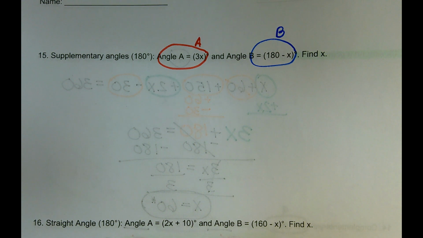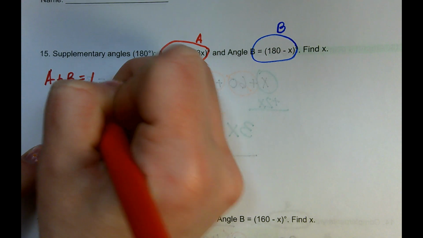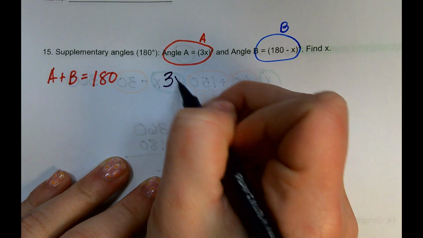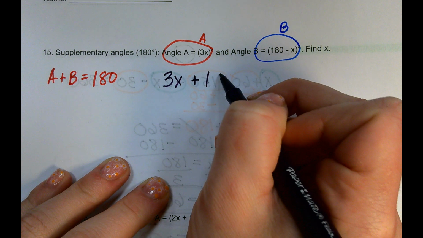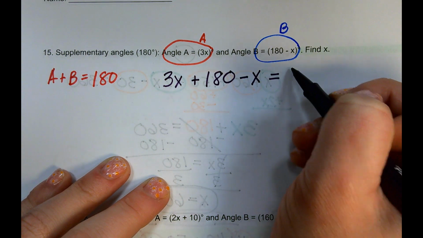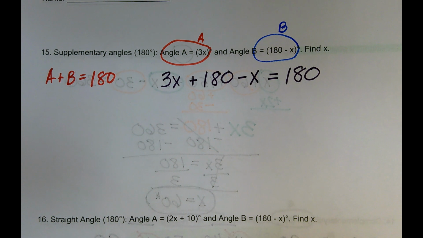Okay. So, number 15. We know A plus B is 180. So now, let's try just skipping to the X's and plugging those in. A plus B is 180. So what is the equation I'm going to write? 3x plus 180 minus x equals 180. All right, I'll give you guys a minute to write.